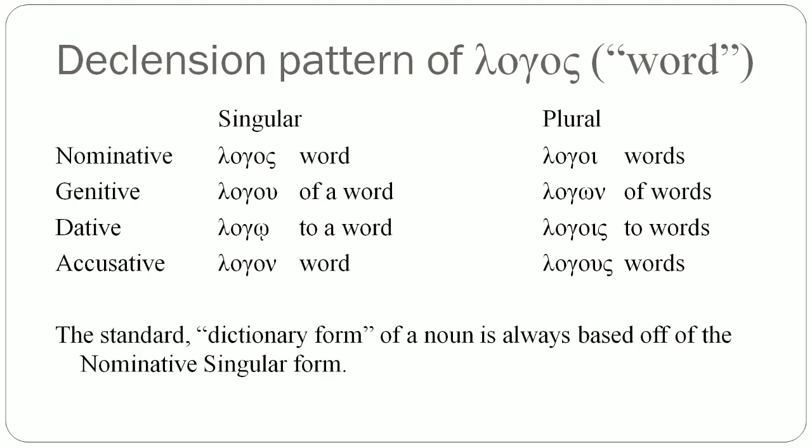This is the word that means word. The standard dictionary form of a noun that you're going to look up, either in your textbook vocabulary or in a nice big Greek lexicon, is always based off of the nominative singular form. So in this case, nominative singular is logos.